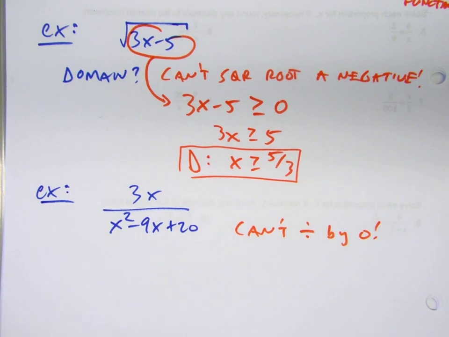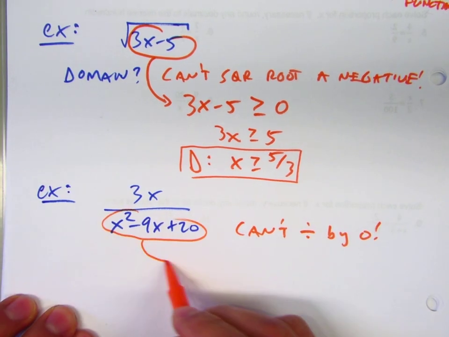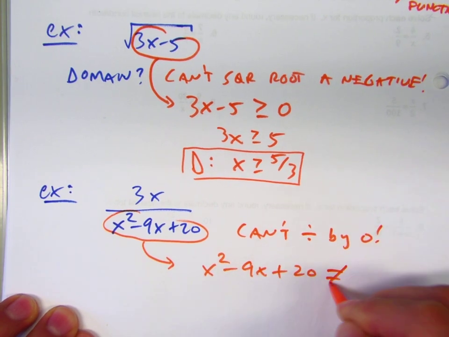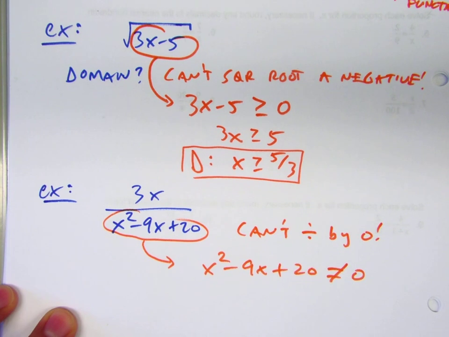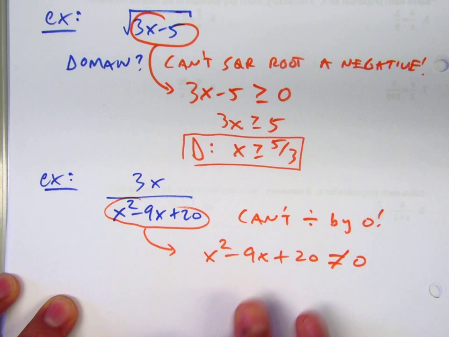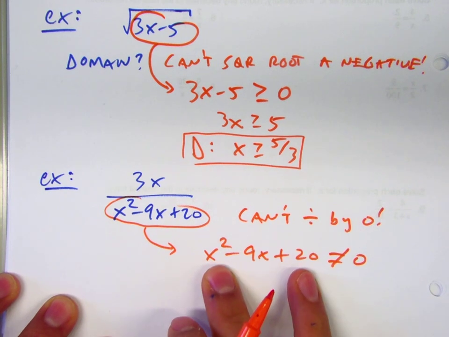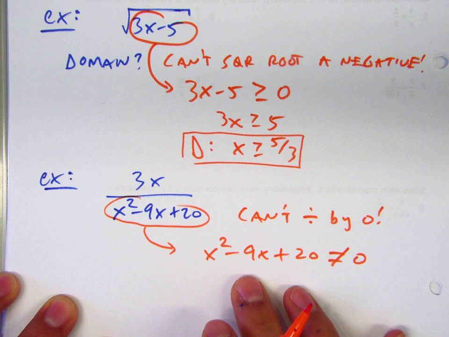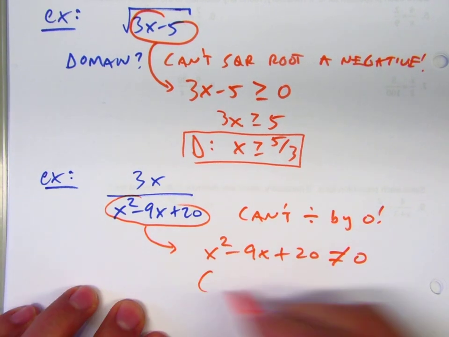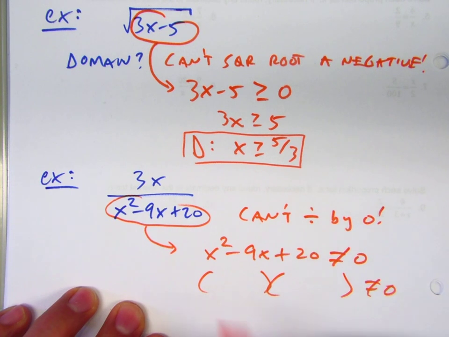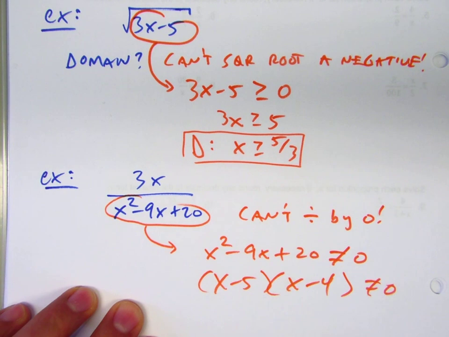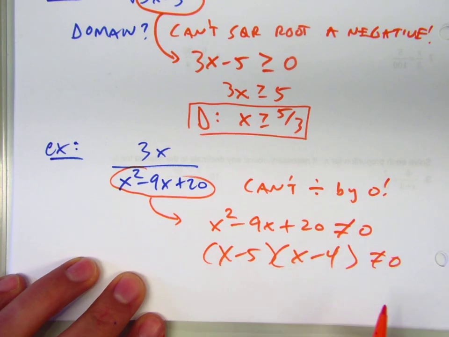So that means that this denominator cannot ever equal 0. Now, as far as solving this, the last one was easy. We just added and divided. As far as solving this equation, we spent a whole couple of days reviewing factoring, right? You should be able to factor this quickly. How do I factor this? Okay. And so now once you have it factored, you set each factor not equal to 0.